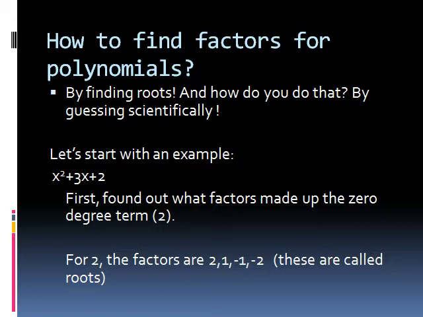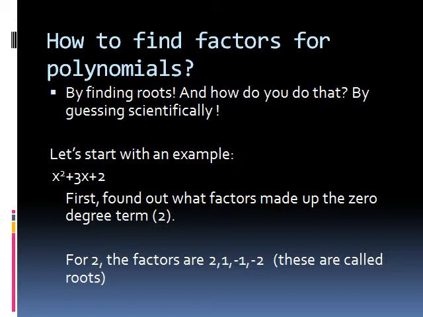So the first step is to find out what factors made up the 0-degree term. The 0-degree term means x to the power of 0, so in this case, it is 2. What factors made up the 2?